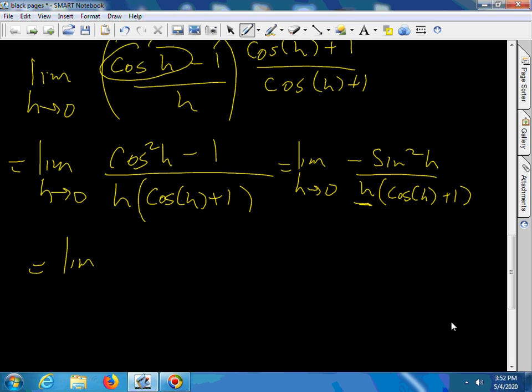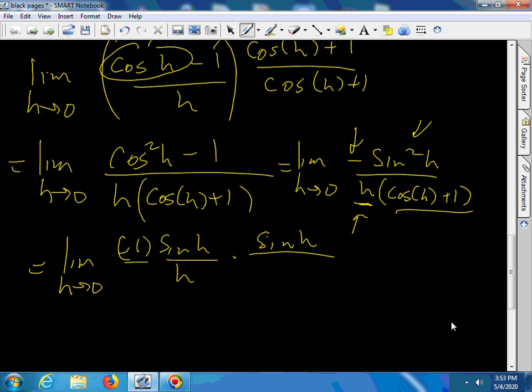So it's the limit as h goes to 0 of, say, negative 1. That took care of that negative sign. Times sine h over h. So I took care of the h in the bottom, and one of the sine h's in the top, times another sine h over this, cosine h plus 1.